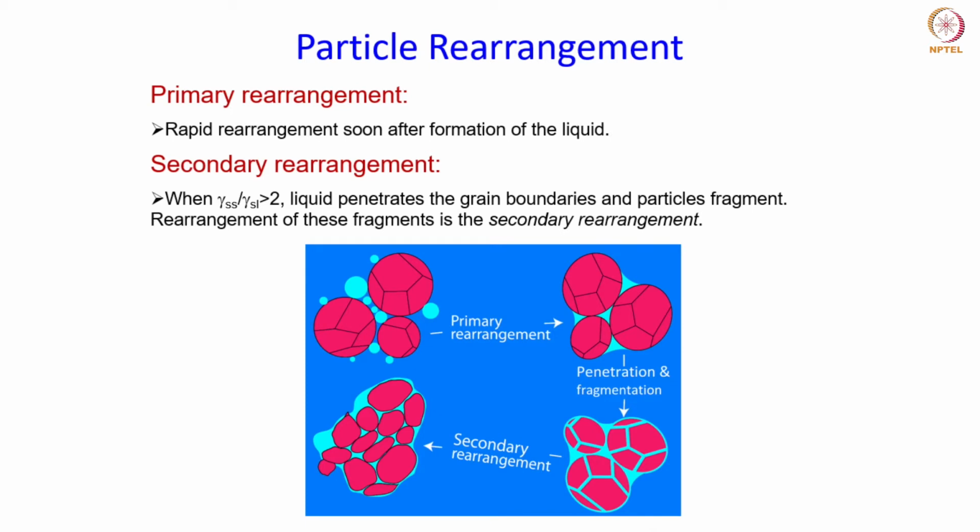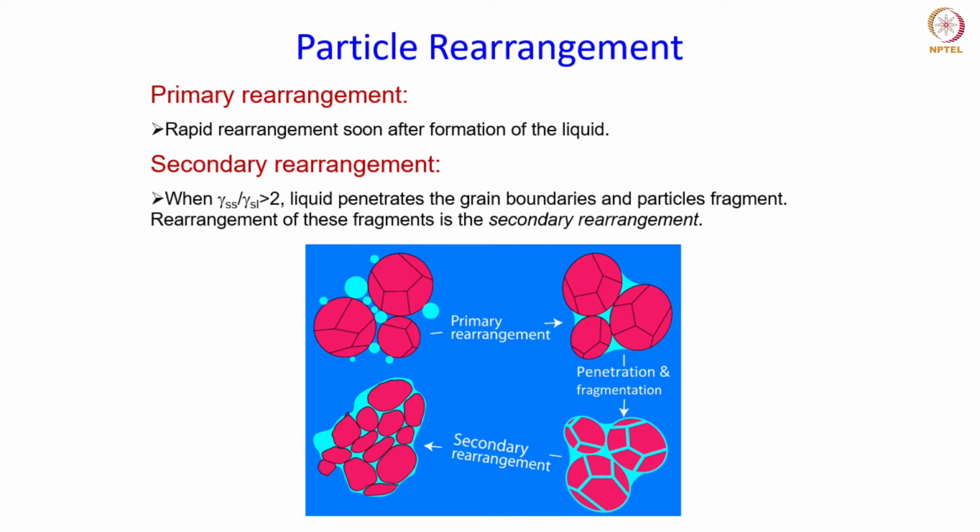The primary rearrangement is due to the rearrangement of the main constituent particles due to the capillary action of the liquid, while the secondary rearrangement is because of the penetration of the liquid into the grain boundaries of the particles.